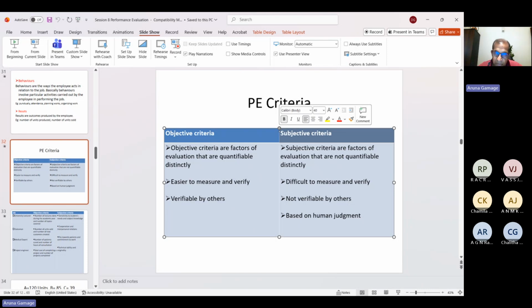objective criteria. Subjective criteria: kindness towards the students, cooperation with the students, right? Piety towards the students. So can you suggest to me one of the objective criteria that can be used to measure the level of performance of a medical doctor?